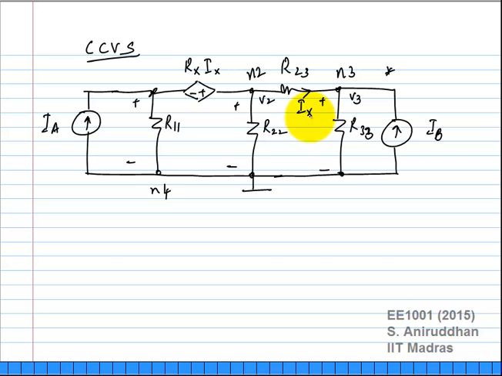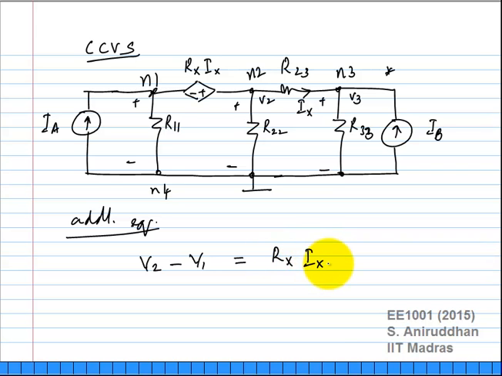Next step is to write down the voltage constraints for these supernodes. In this simple case we only have one. So what is the additional equation? It would have the voltage constraint between nodes 1 and 2. So V2 minus V1 is some Rx times Ix.